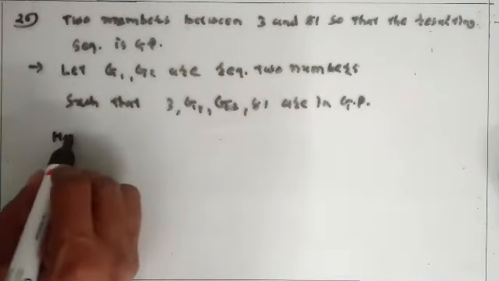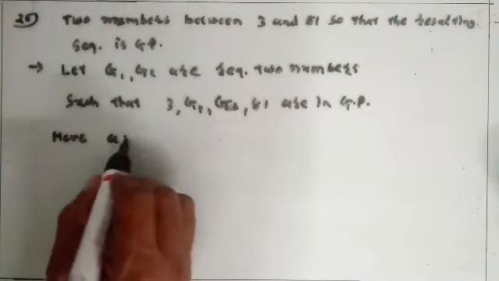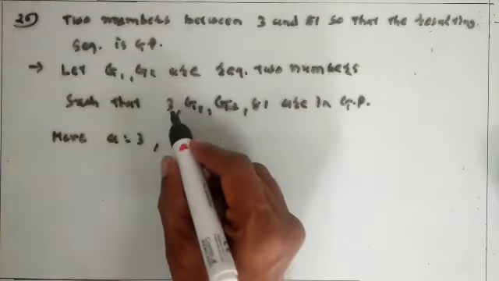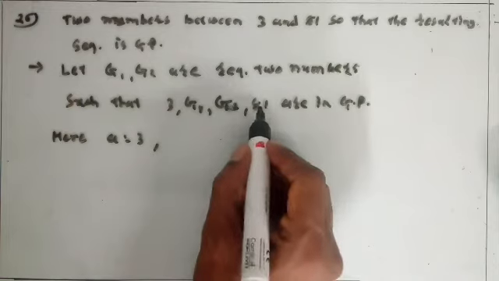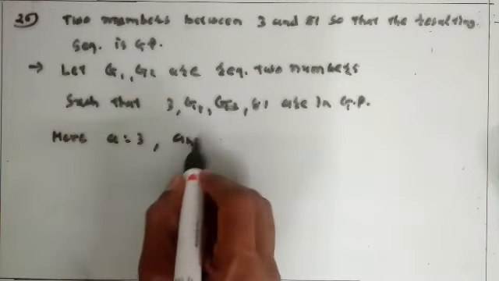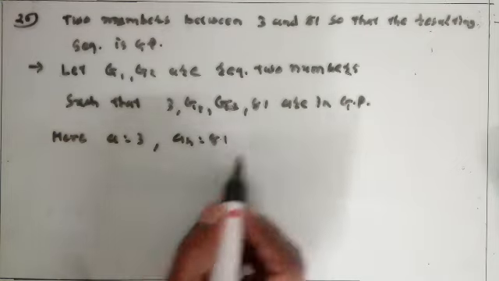Here first term A is equal to 3, and 81 is the first, second, third and fourth, so 81 is the fourth number. So A4 is equal to 81. Clear?